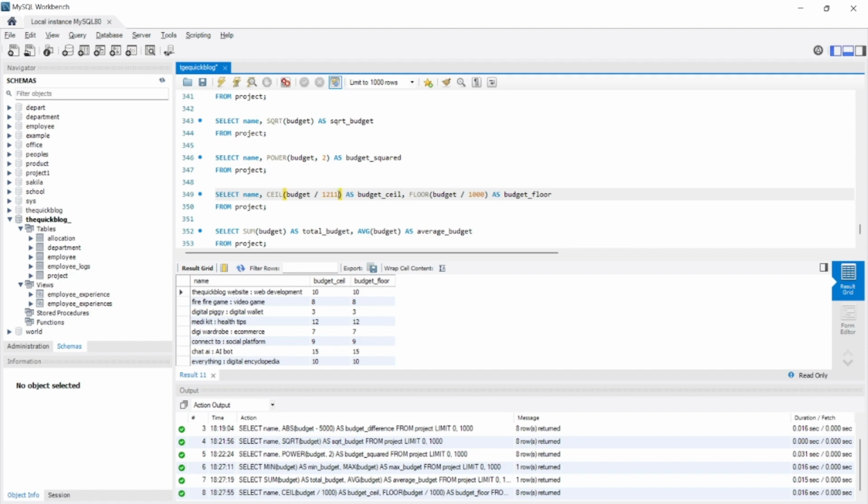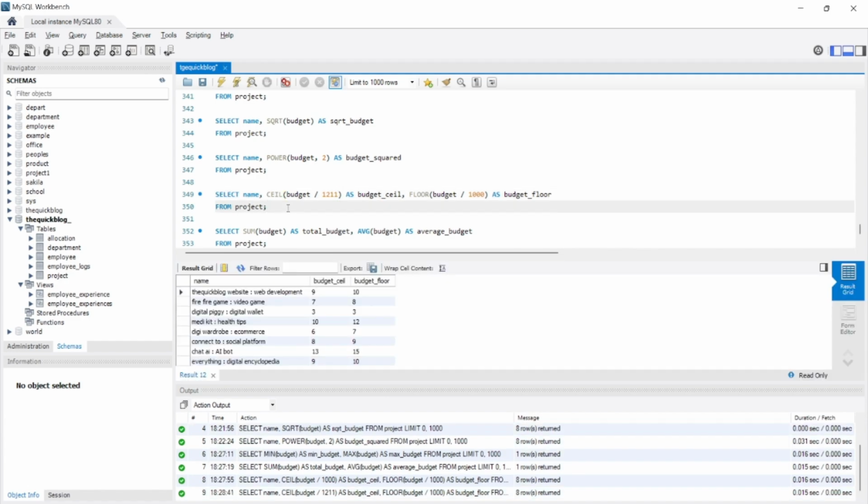And after this, if we execute this, the result will be changed. By this table we can see that the values are quite different from our previous values when we divided by 1,000.